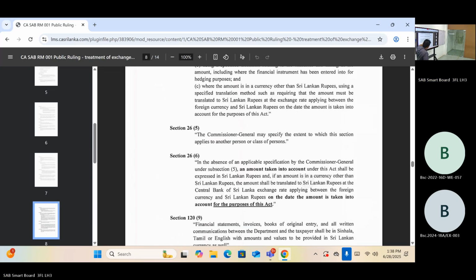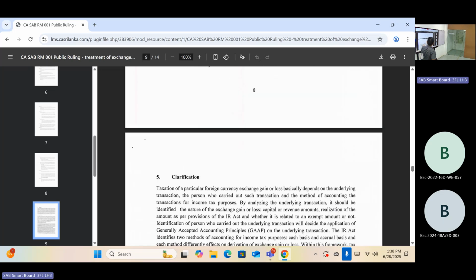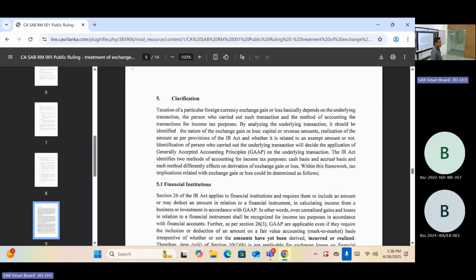is this area. As per the IR Act, financial statements prepared as per generally accepted accounting principles are accepted for tax purposes. Therefore, whatever transaction is recorded in LKR, when converting, that accounting treatment we can follow.